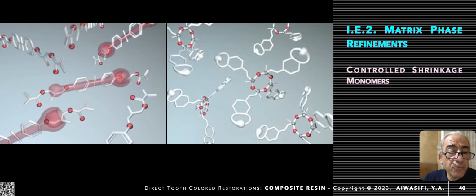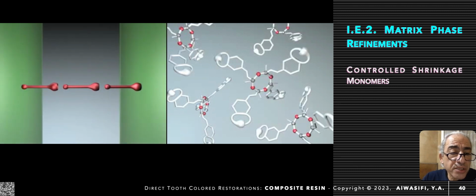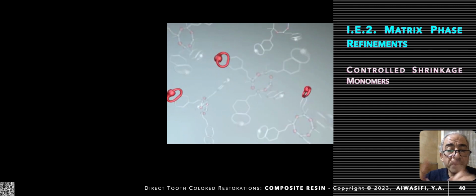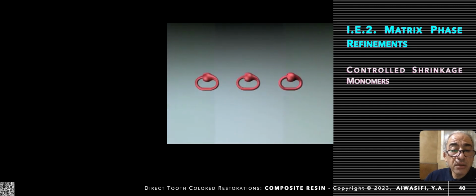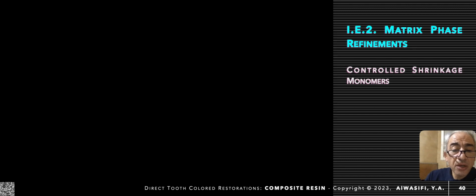This is the linear monomer, which connects to each other, leaving this space, and this is the total volumetric shrinkage. While the ring monomer first opens, when it opens it expands, then connects with minimal, controlled or low shrinkage.